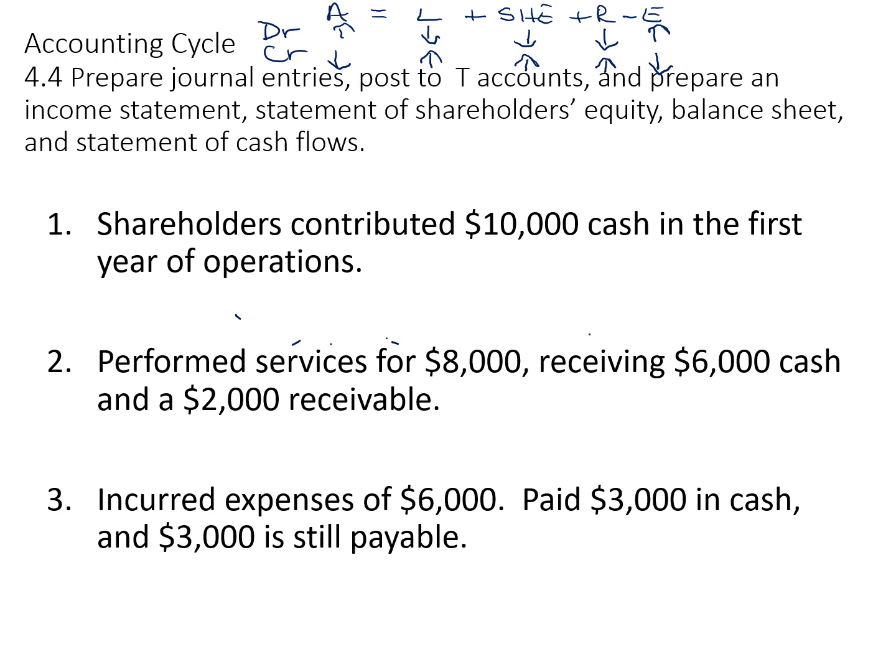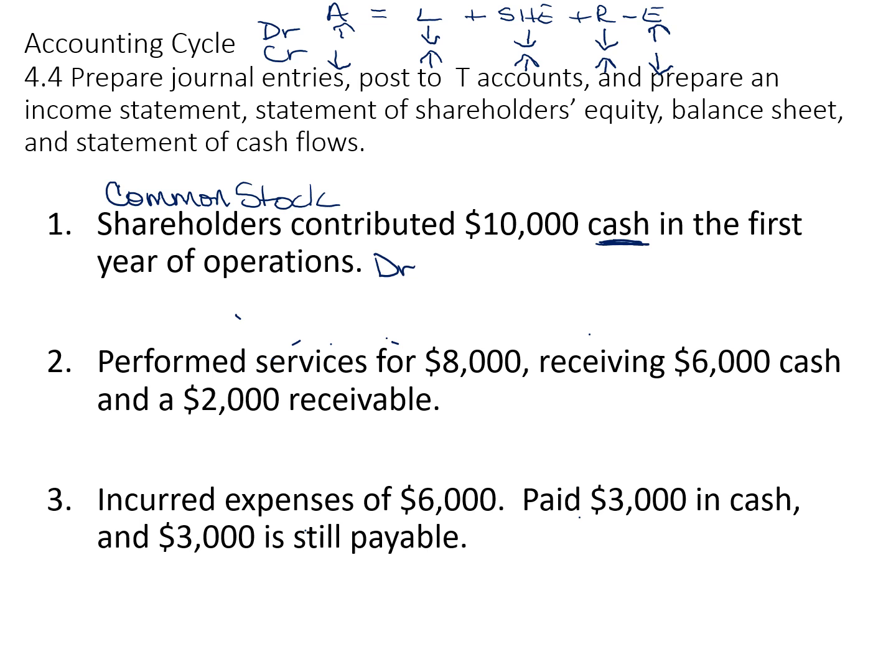Shareholders contributed $10,000 cash in the first year of operation. So let's see if we can identify the two accounts. Cash is one, and since the shareholders contributed, that's probably common stock. All right, so cash is an asset, and it is increasing.